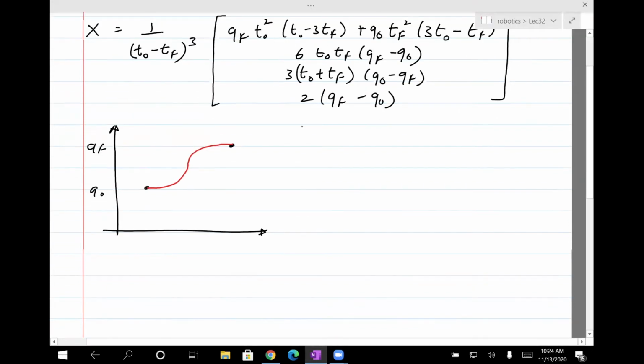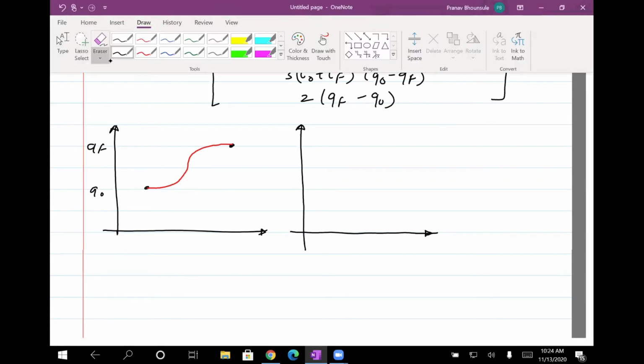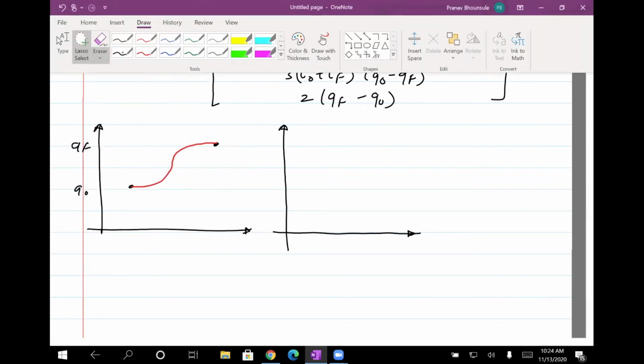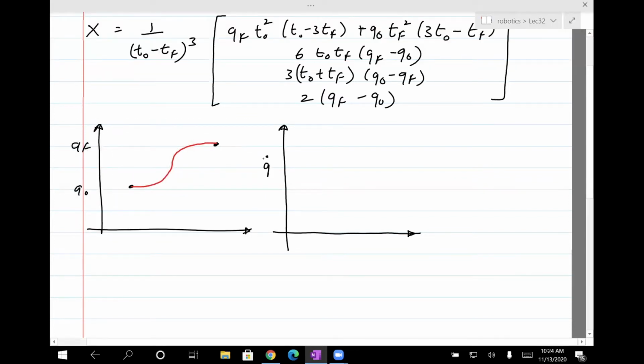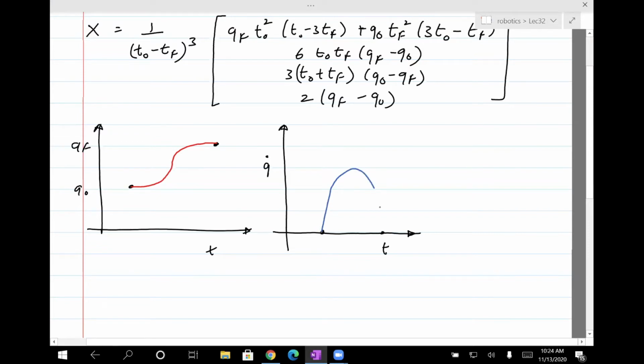If you now look at the velocity, q dot as a function of time, it's actually going to start at 0, end at 0. So it will look like this. There will be a point where it reaches its peak, and in this case it reaches its peak midway.